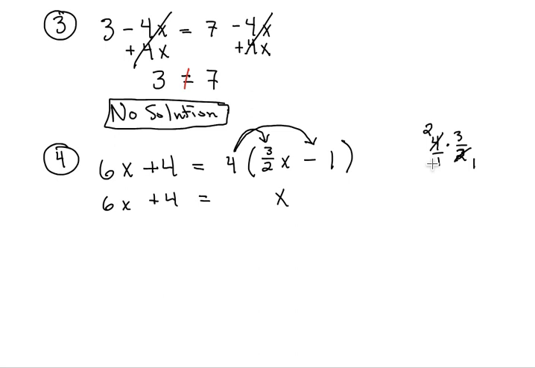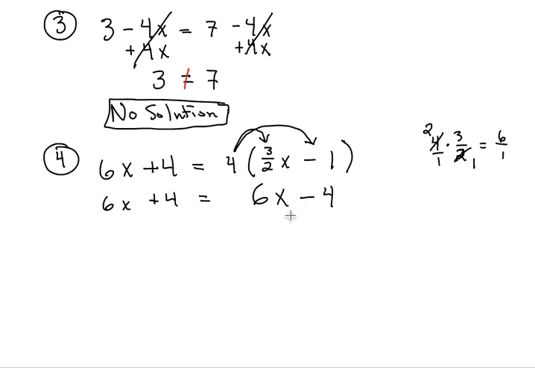So 1 in the denominator, and 2 times 3 is 6, so that would be a 6x. And then minus, because 4 times a negative 1 is a negative 4. Now I see that there's something funny going on.